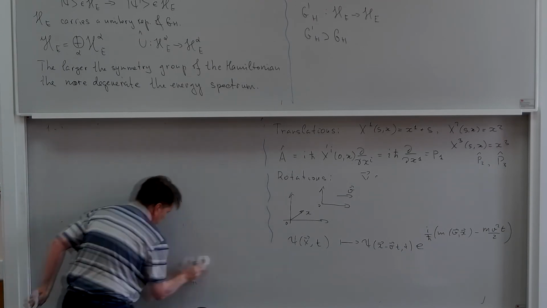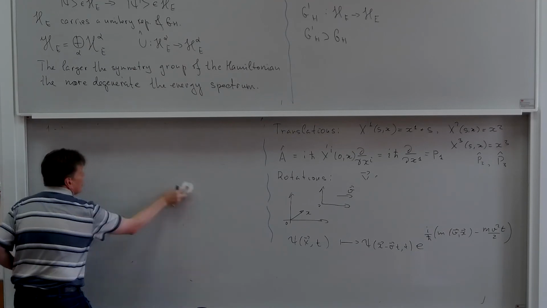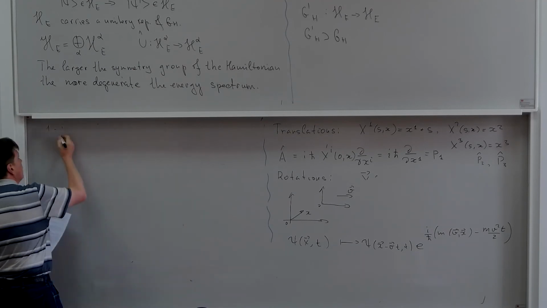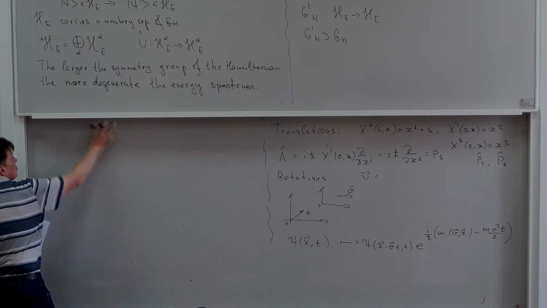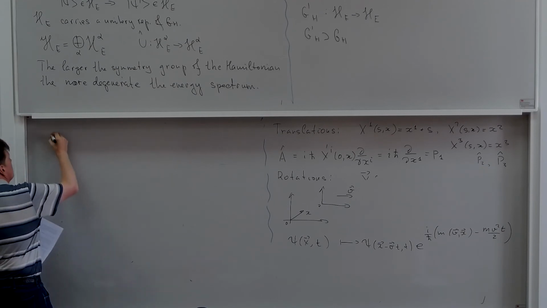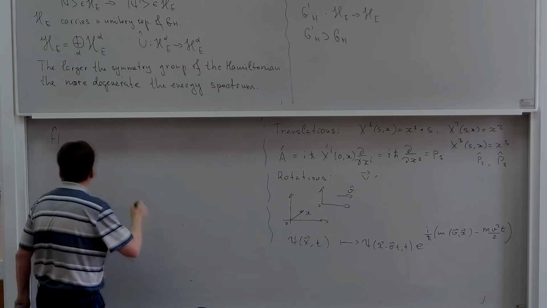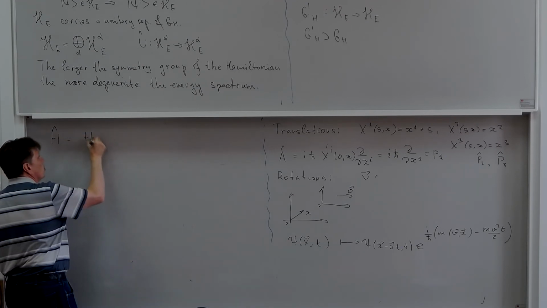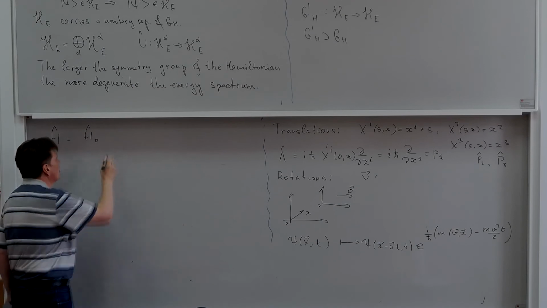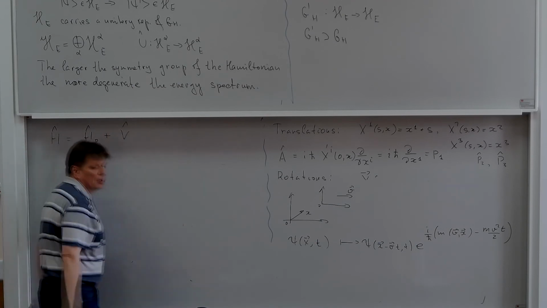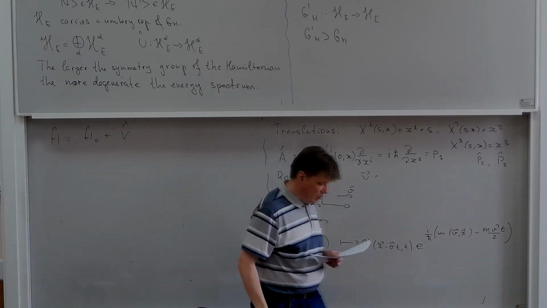So in many problems we can decompose the Hamiltonian of a quantum mechanical system as the sum of some operator H naught plus some small perturbation V.